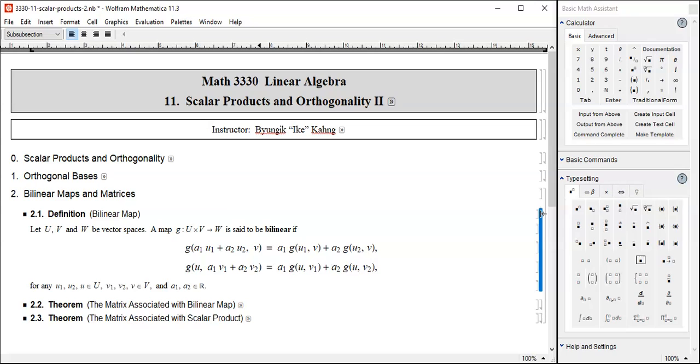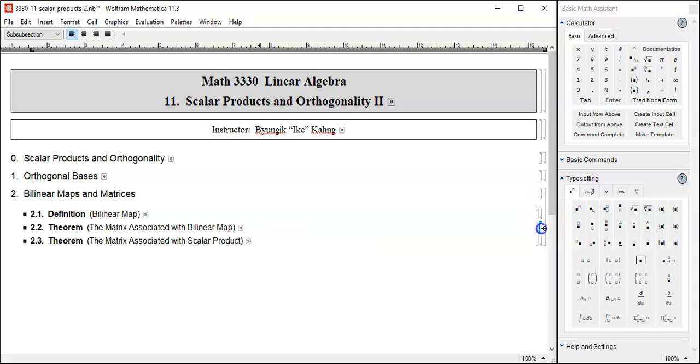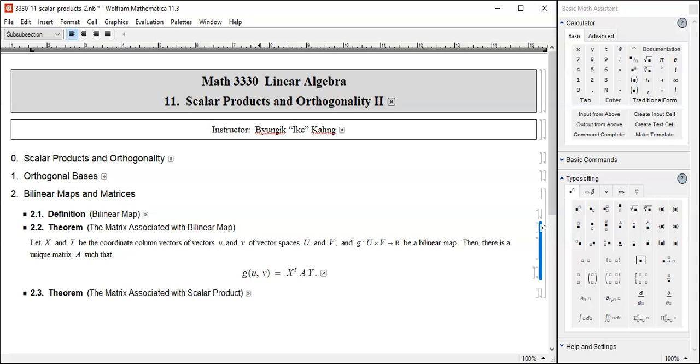Now the scalar product requires symmetry as well, but bilinearity does not really require symmetry. So these vector spaces U and V can be drastically different. Drastically different, I mean they don't even have to be of the same dimension. Still, we have a nice expression, and this theorem tells us that.